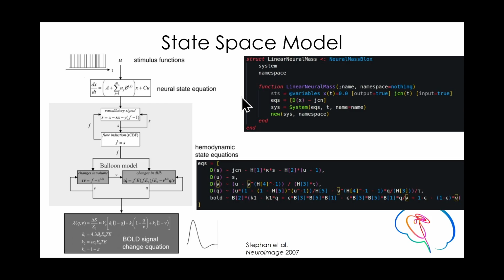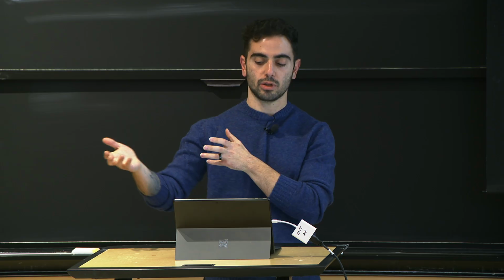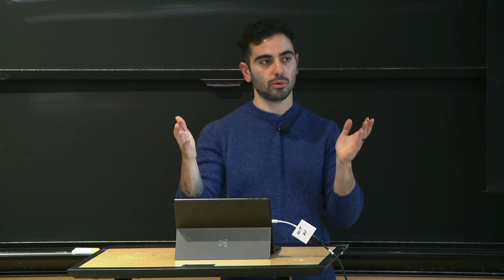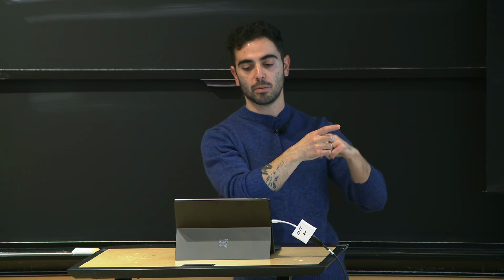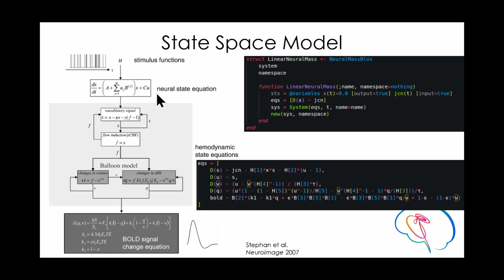Our default is to use this neural mass model, which is exactly this equation here, or written in NeuroBlox here. You see this dx equals to JCN, because as you've seen in previous days, JCN can be any input. So as we build the circuit, stitch together multiple of these linear mass models, we will build the A matrix and the B matrix, and any C matrix if that's also included.